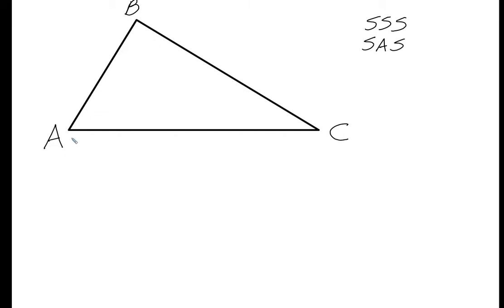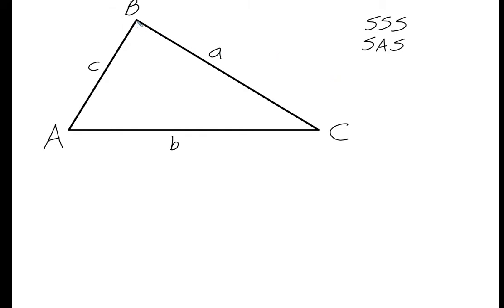All right, so I've got a triangle here, ABC, and remember that the way we name the sides is with the same letters, just lowercase, and we keep the sides across from the angles. So if this is angle A, we'll call this little a. Here's little b down here, and little c over there. What we're going to do is very similar to what we did to come up with the law of sines.